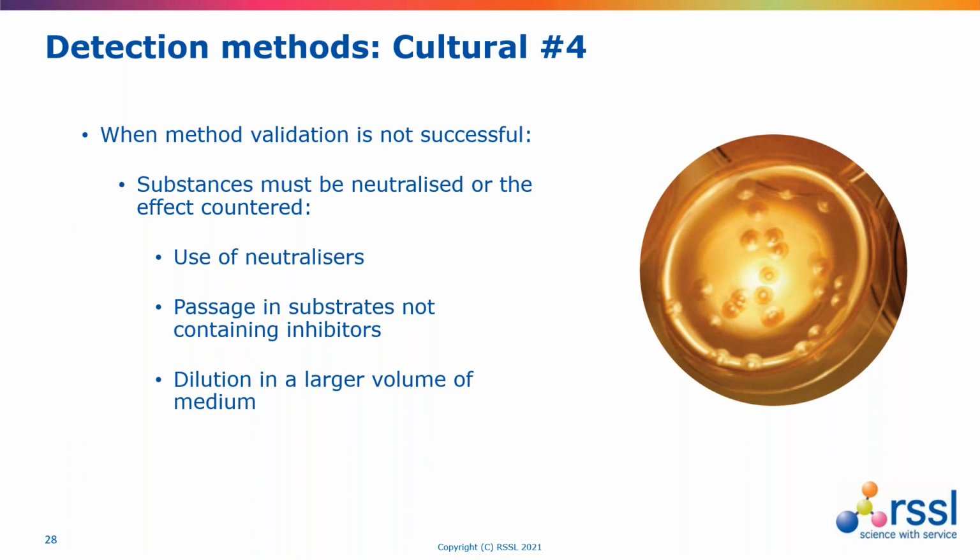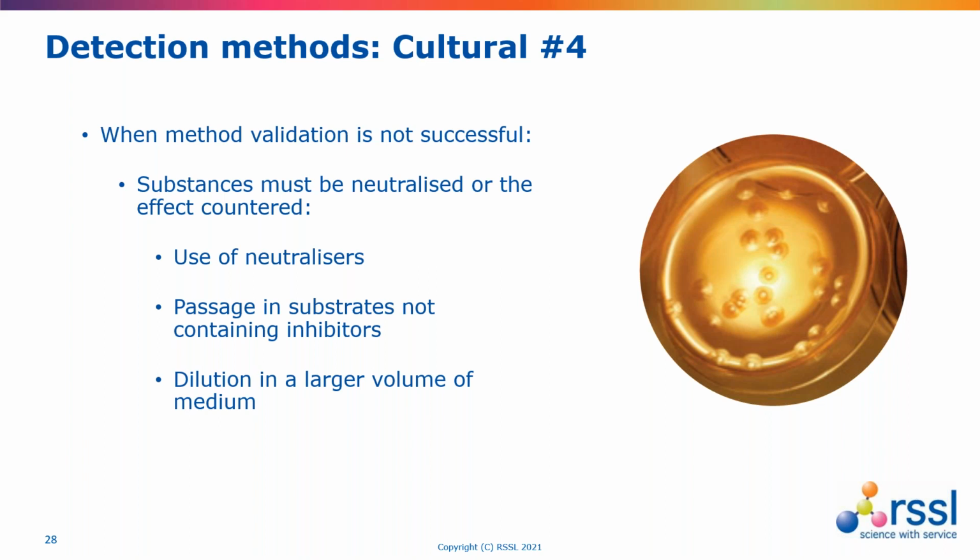However that's approached, the effectiveness of the neutralization process needs to be confirmed by repeating the tests, so we can show that there's no continuation of inhibitory substance after neutralization has taken place.